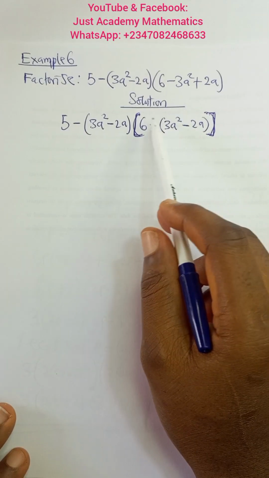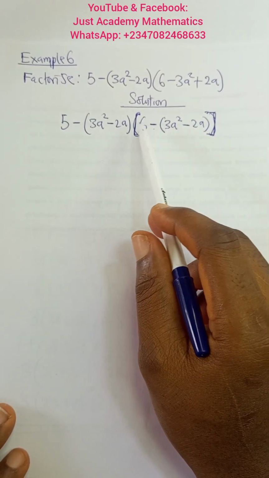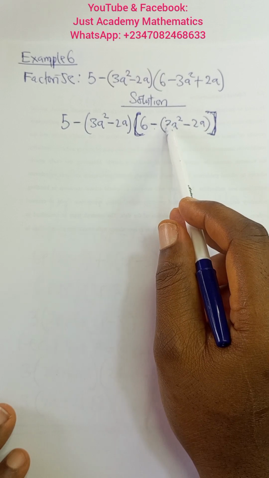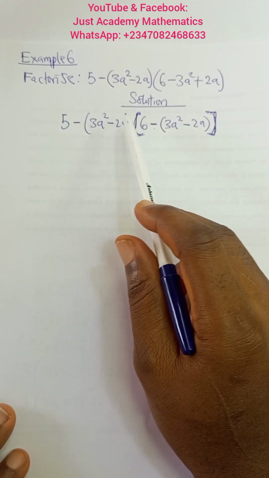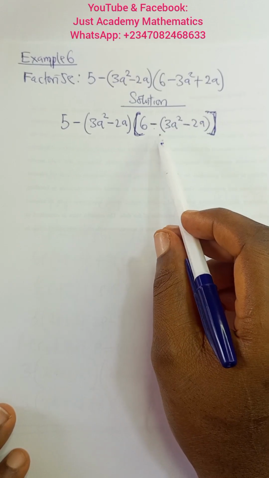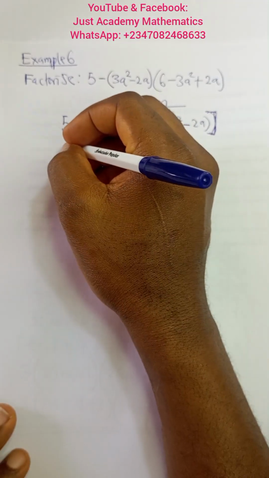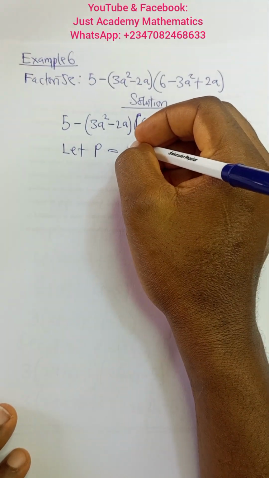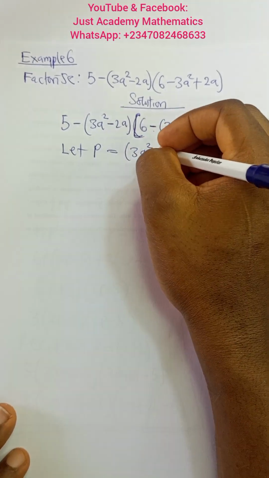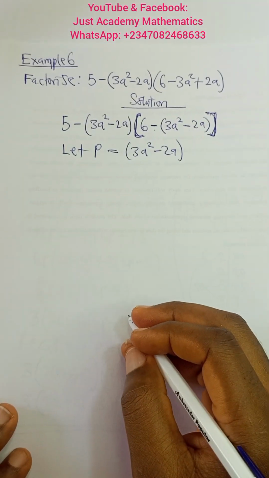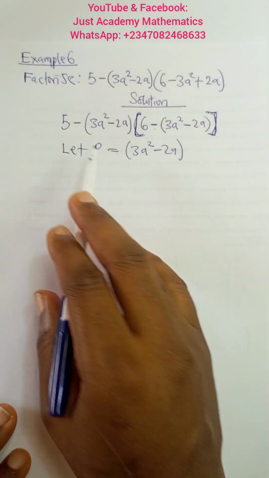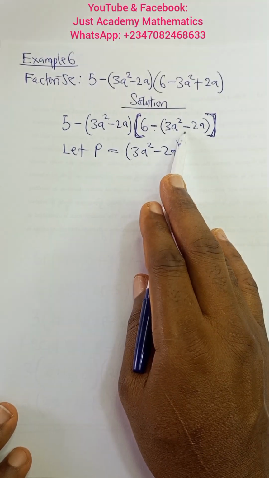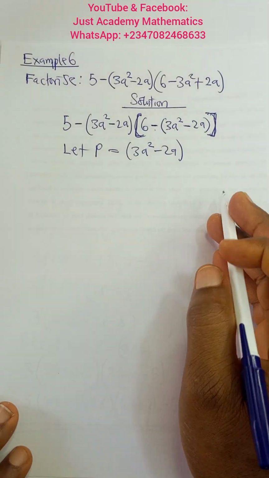And in making these two look alike, it will now be easier for us to factorize this. We can come and say, let P be equal to 3a squared minus 2a. So for us to see it clearer, because if I should factorize it like this, you may not understand what will happen.